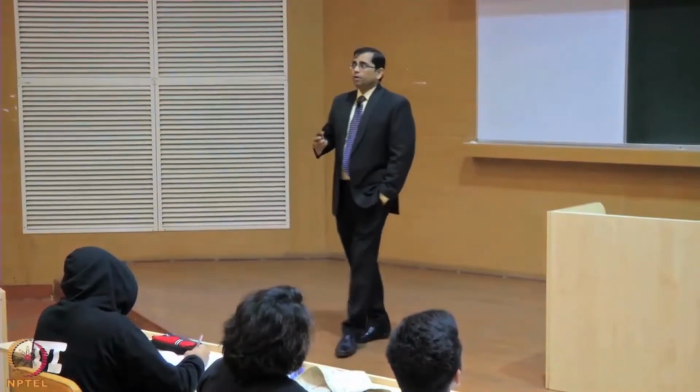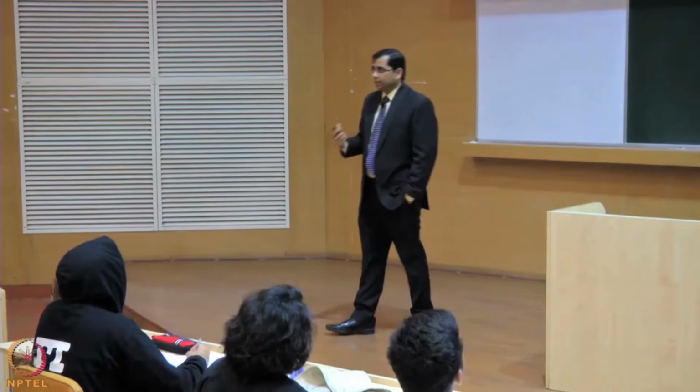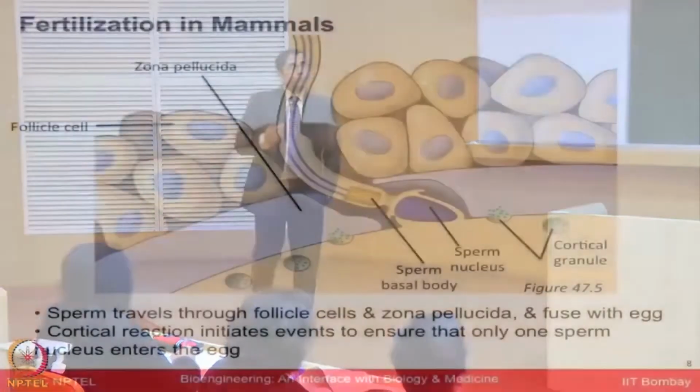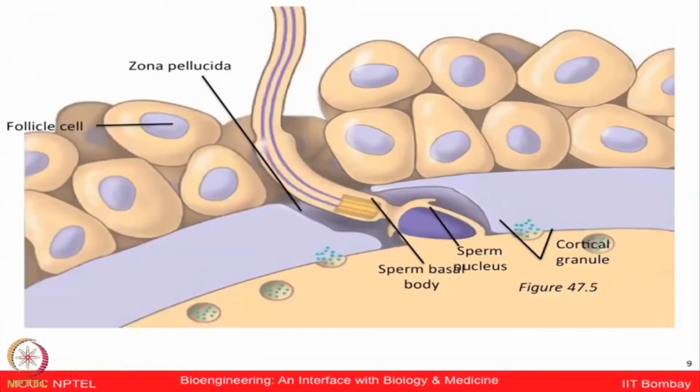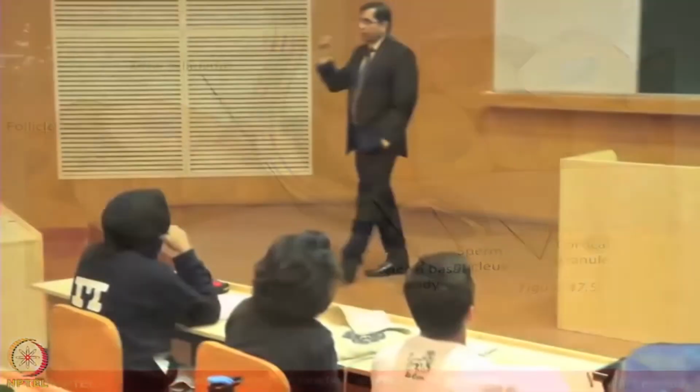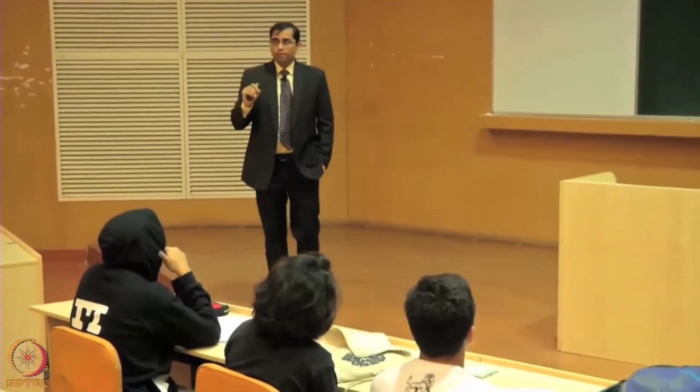Now let's come to the human fertilization and development process. During fertilization, coming through the follicle cells and zona pellucida layer, the sperm travels here and tries to reach the ovum, and its nucleus has to fuse with the ovum nucleus. Now, many sperm are simultaneously traveling, and they are competing to fuse with the nucleus of the ovum.